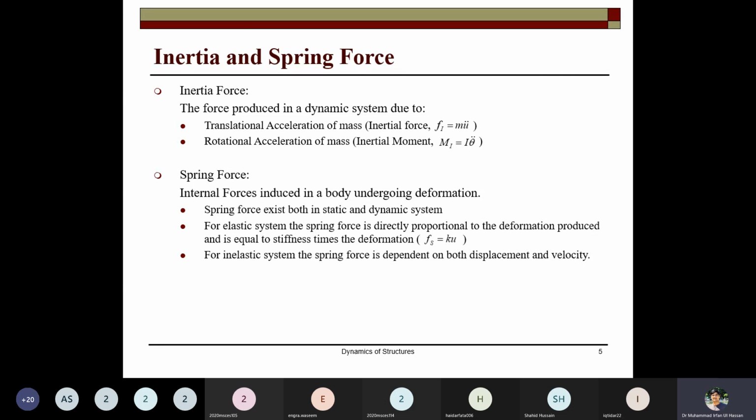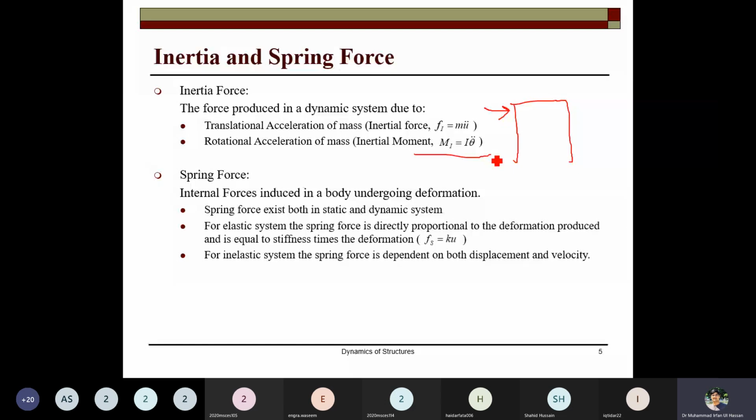Sometimes there are two forces: when you are moving the body in the lateral direction, that is the inertial force due to translation, but when you are rotating the body, it is equal to I times theta double dot, where I is the mass moment of inertia and theta double dot is the ground rotational acceleration.